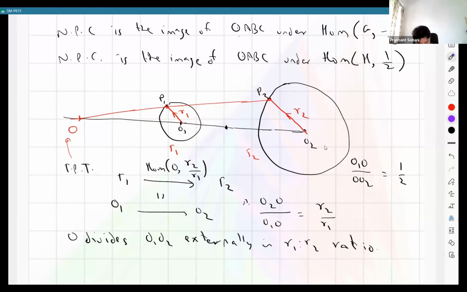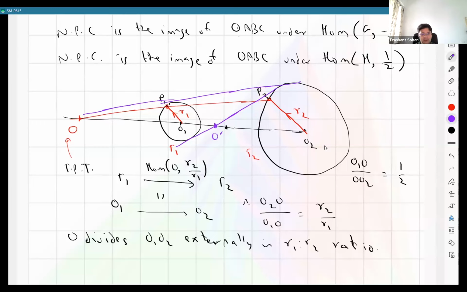So if I draw the external common tangents, I am going to get O. But if I draw the internal common tangents, I may get a different point. So what about this point? Can this point O dash also be the center of homothety to take one circle into another circle? So the answer is yes.